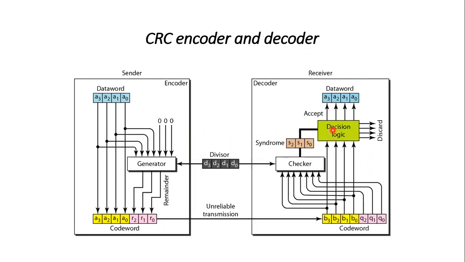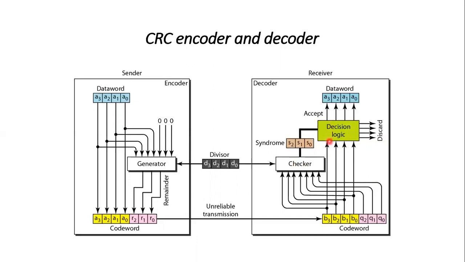That is, the decoder receives the possibly corrupted code word. The copy of all n bits is fed into the checker, which is a replica of the generator. The remainder produced by the checker is a syndrome of n minus k bits, which is fed to the decision logic analyzer.